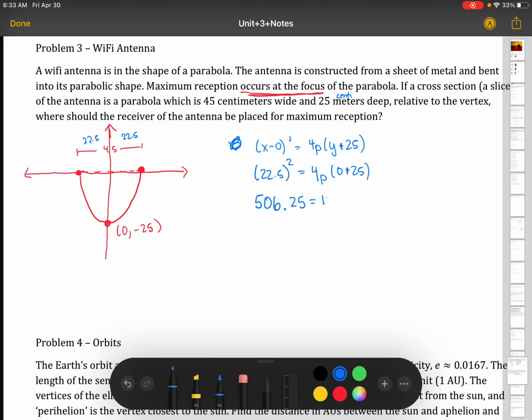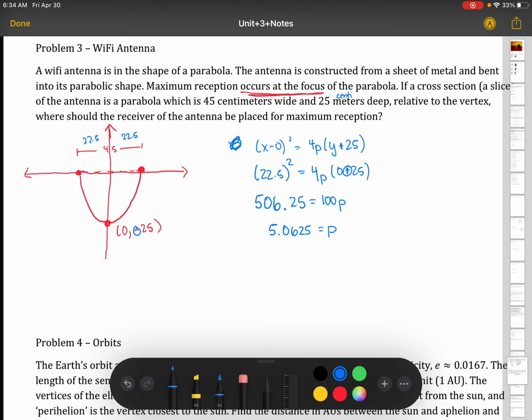And so that's going to give us 100p. Again, the reason that we have a plus is because that's y minus -25. So my bad. And when we divide by 100, we're going to get 5.0625 is equal to p.